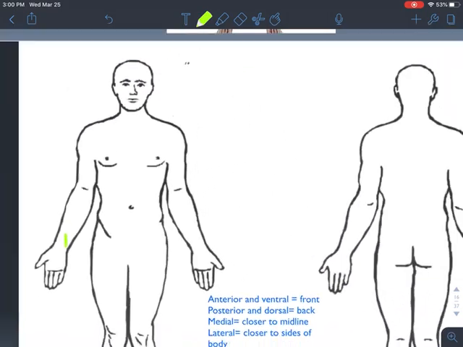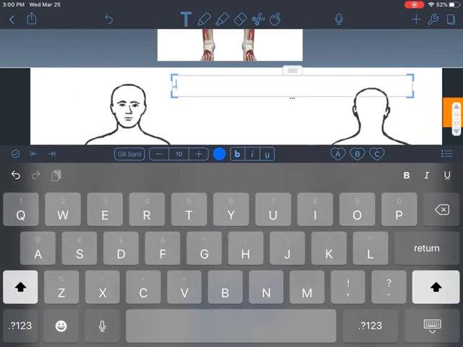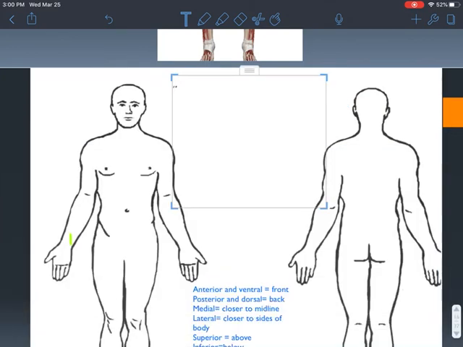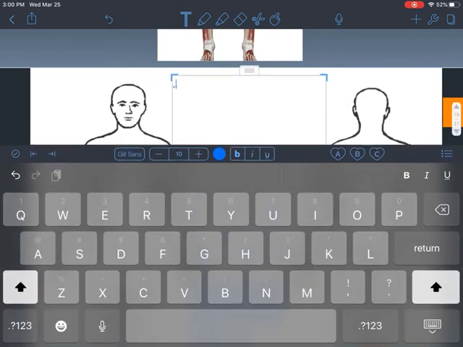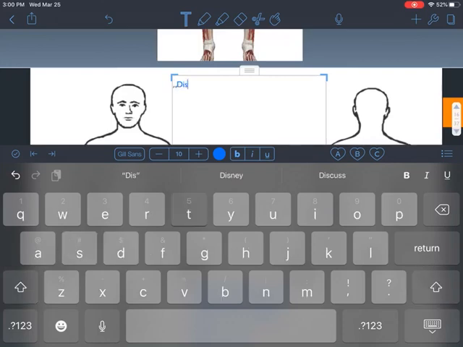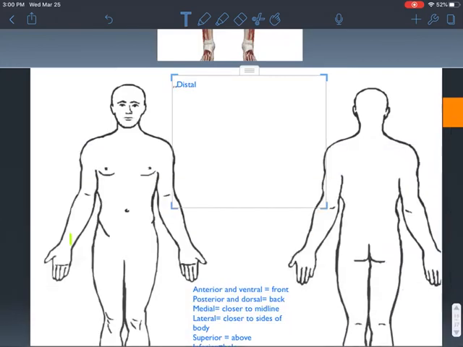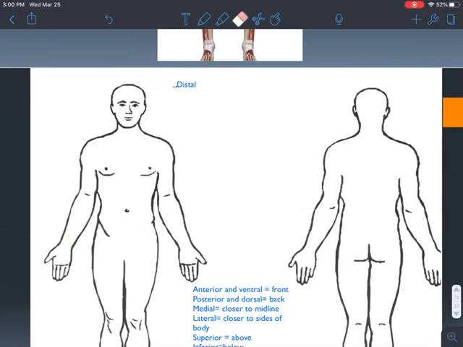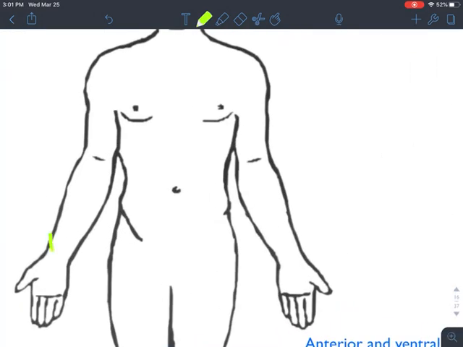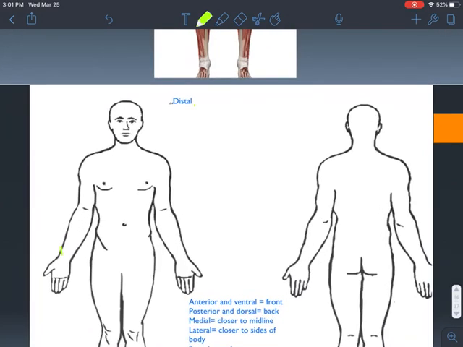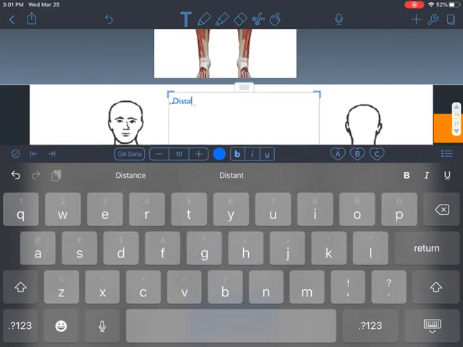So number one can be described as being, putting all this together, on the distal, lateral, anterior aspect of forearm.